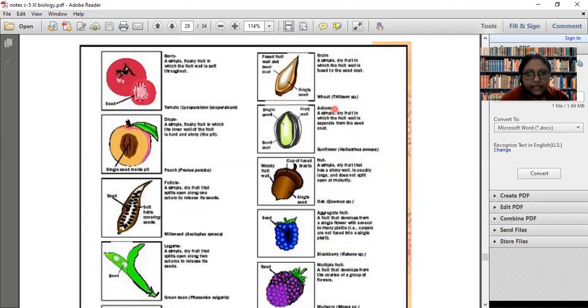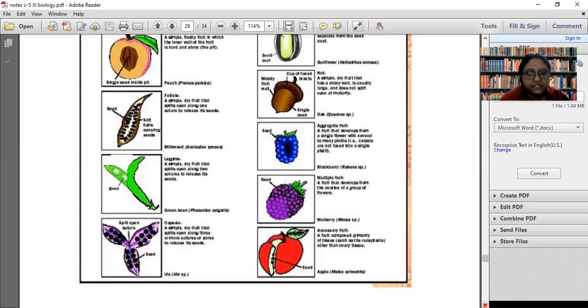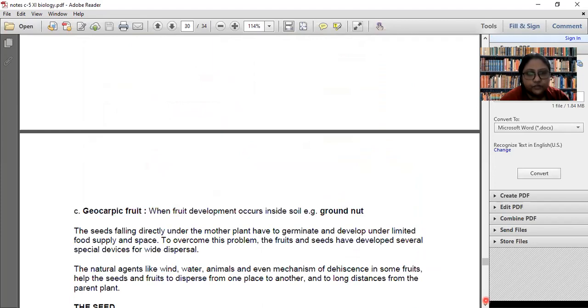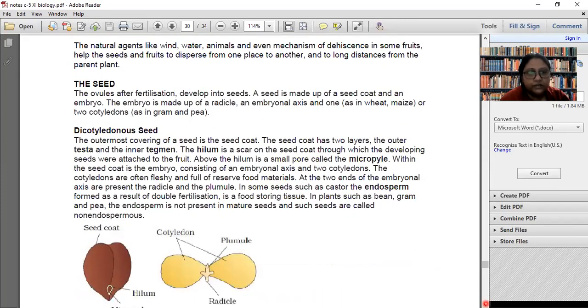This is called achene. This is nut. The aggregate type of fruit is observed in the case of grapes, or blackberry is an aggregate type of fruit. Mulberry is a multiple fruit, and this is apple, which is a false fruit. So this is all about it.